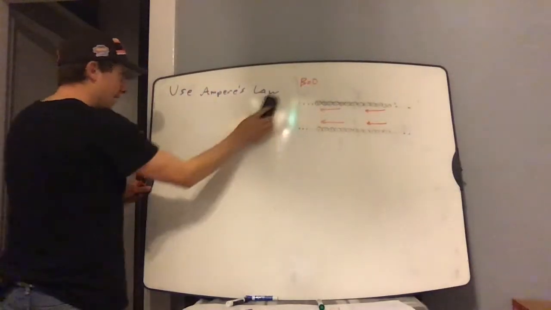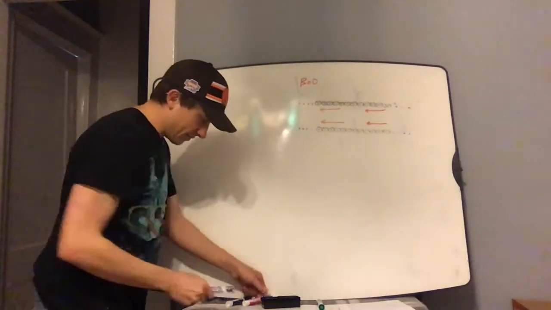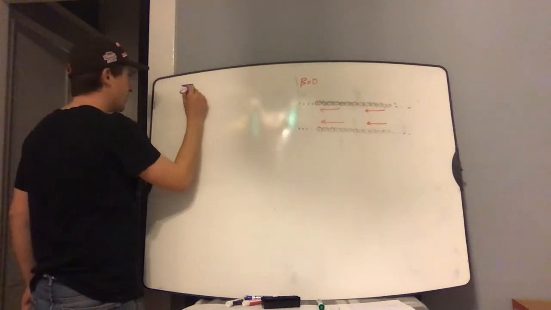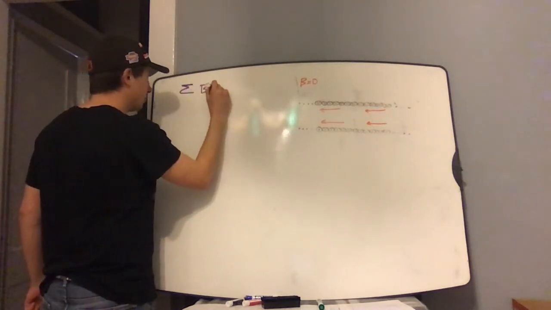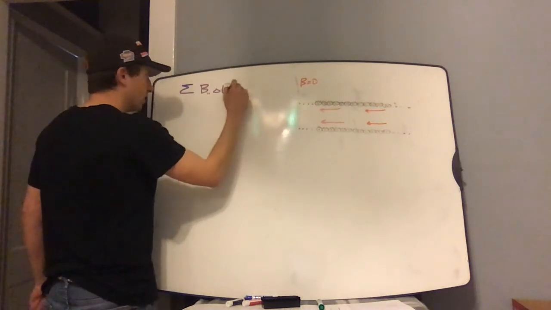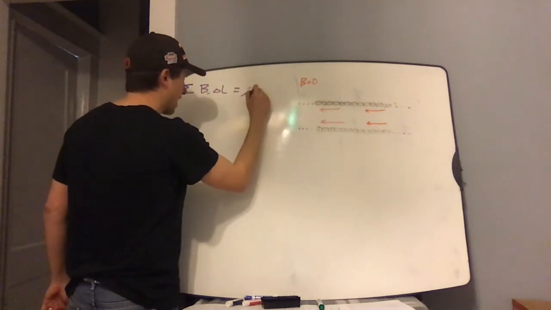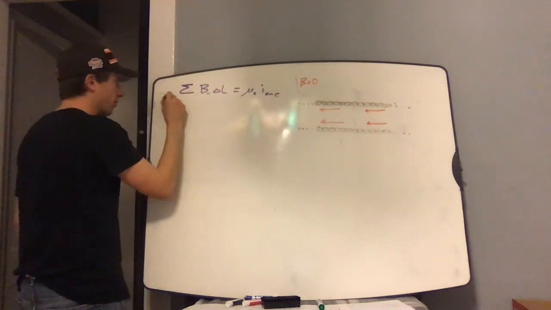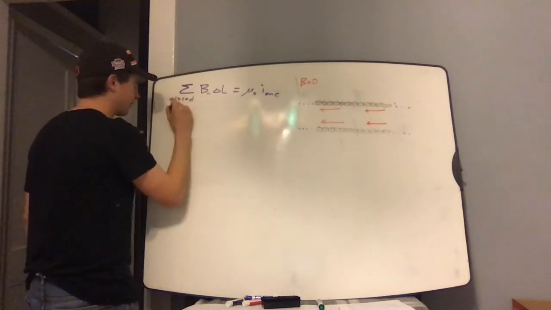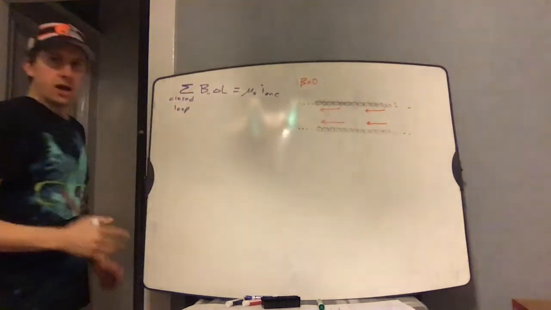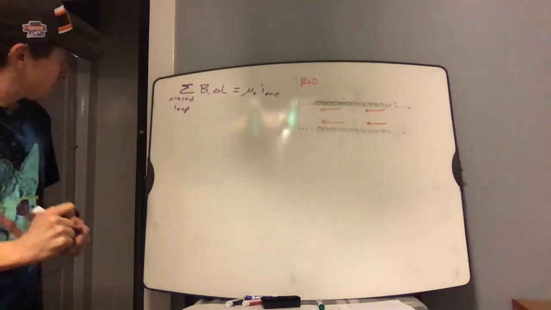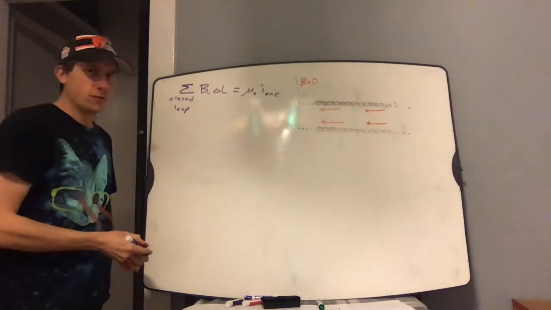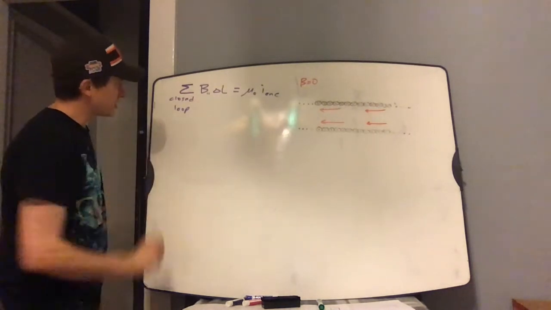So, Ampere's law is a statement where we have this term, the sum of B parallel delta L, is equal to mu naught I enclosed. And this assumes we walk around a closed loop. Now, the way this equation is just written, it doesn't really give us a feel for what we are looking at.